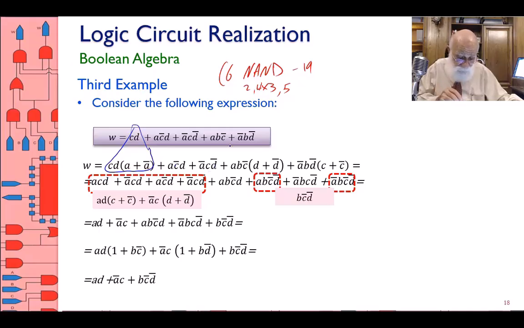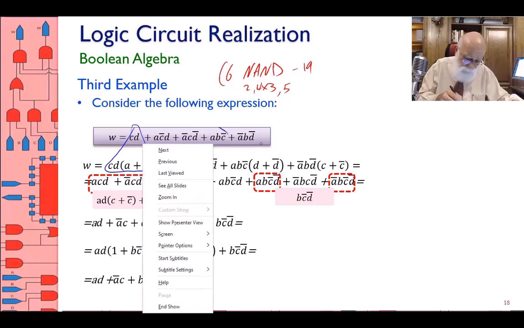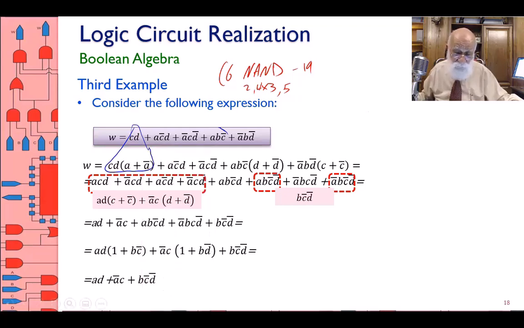And the fourth term, ABC bar, I'm going to do something similar to what I did with the first term. ABC bar ANDed with D or D bar.